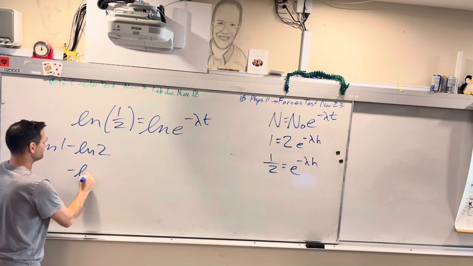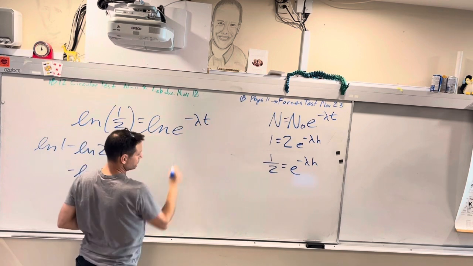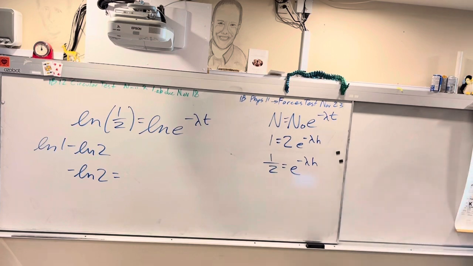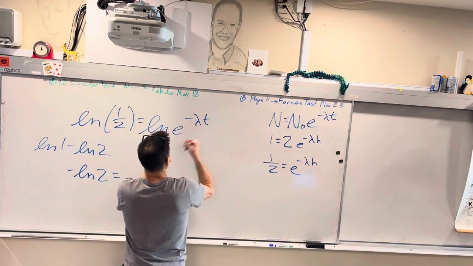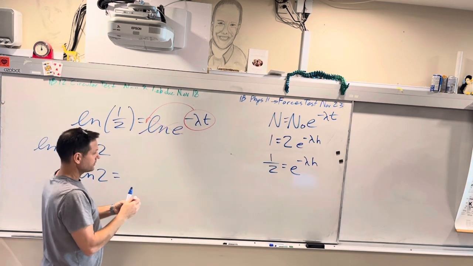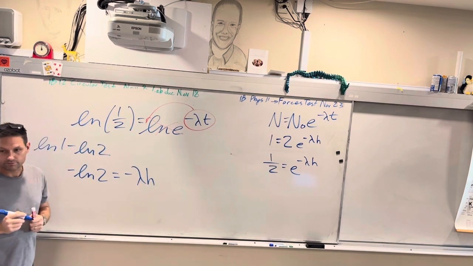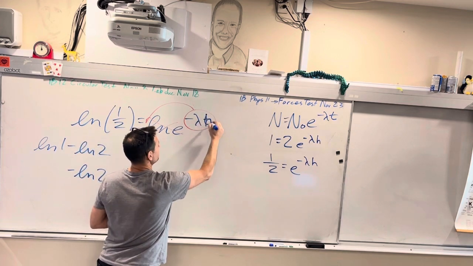So this is negative ln of 2. And this, you can just bring this part down, right? This just goes down here and this disappears. So this is just negative lambda h. You agree? Sorry, this t is supposed to be h because this is half-life.